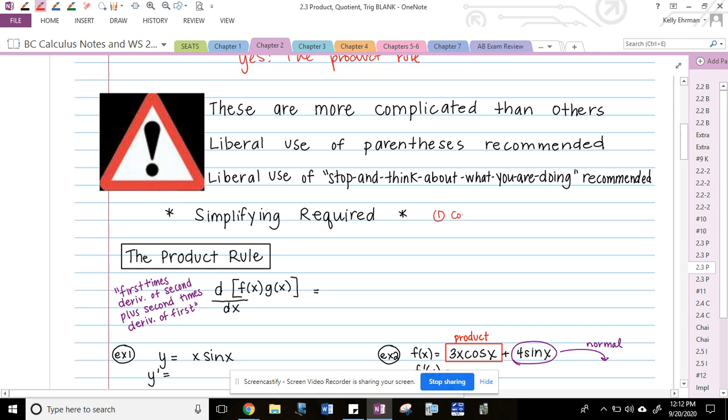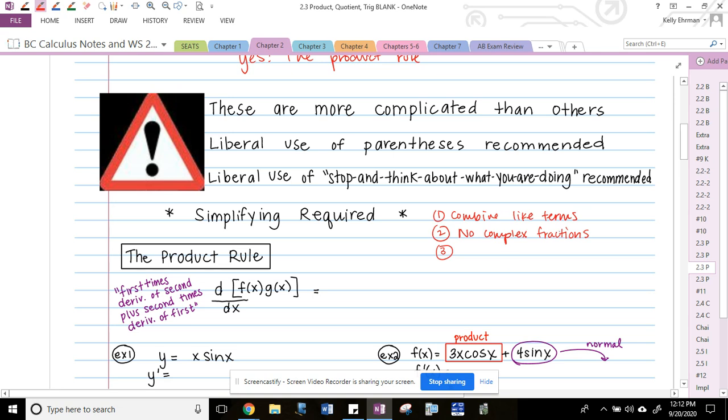If you have like terms, you should combine them. So combine like terms. No complex fractions. We want to simplify those. So no complex fractions in your final answer. And is there a third thing? Let's see.